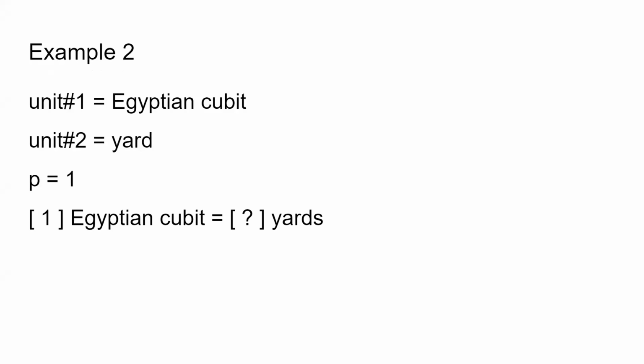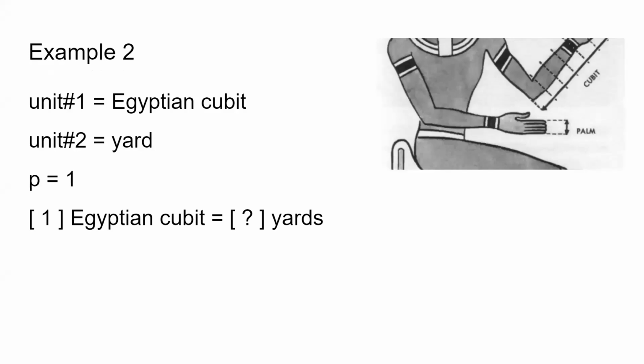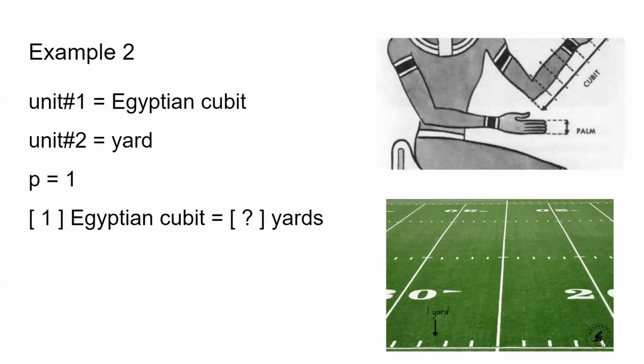I had to do a little bit of research on what an Egyptian cubit was. What I found was that an Egyptian cubit is a unit of measurement that was used in the olden times. This was typically used by architects in Egypt to create pyramids. Their approximation was that 1 cubit was the length of the forearm plus the palm. Therefore, we can approximate how many Egyptian cubits can be in 1 yard by remembering the picture that we saw earlier.